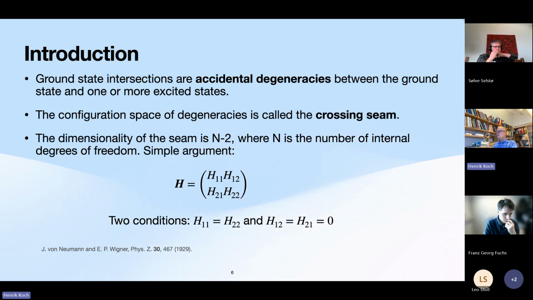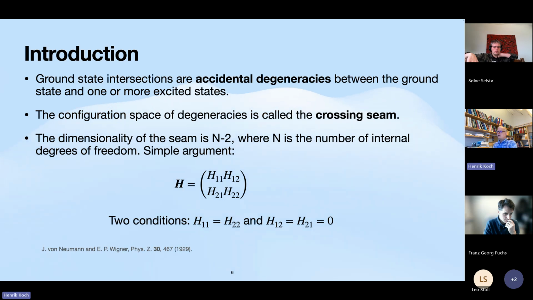So if the configuration space, the internal coordinate space, has dimension n, then n-2 is the dimension of the space where we have a degeneracy. Normally, you don't encounter them when you just walk around the potential energy surface because it is n-2.